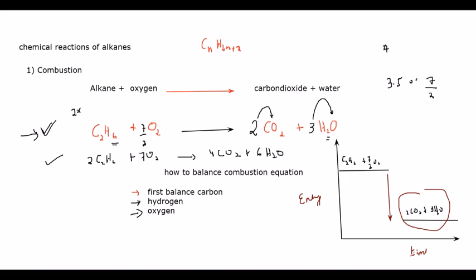Another example. For combustion of an alkane, if I say write a balanced equation for combustion of C4, how many hydrogens will there be if it is an alkane? 10.